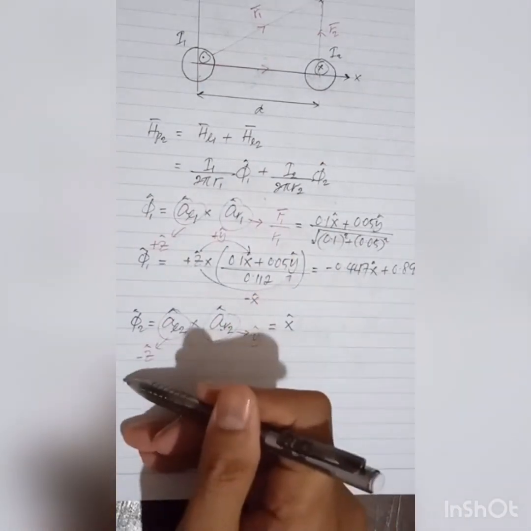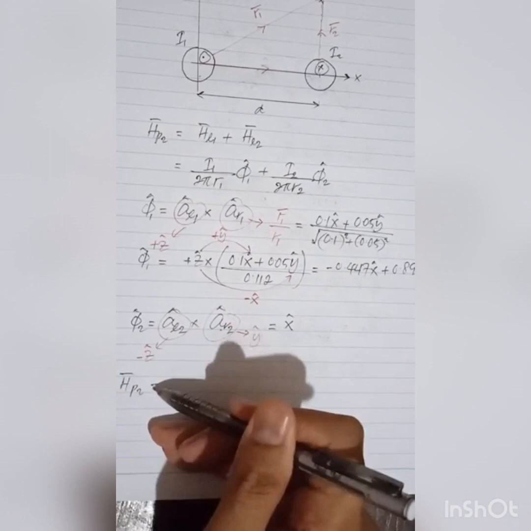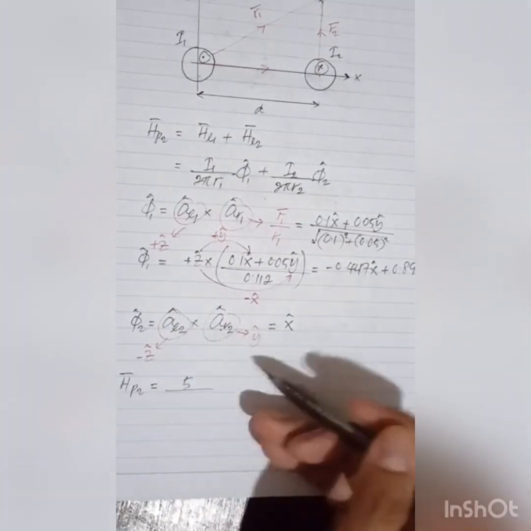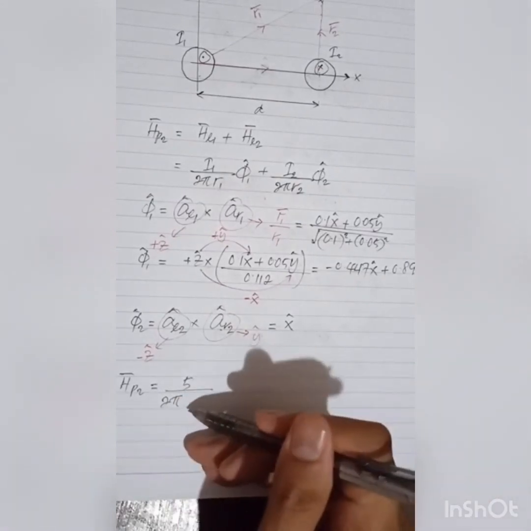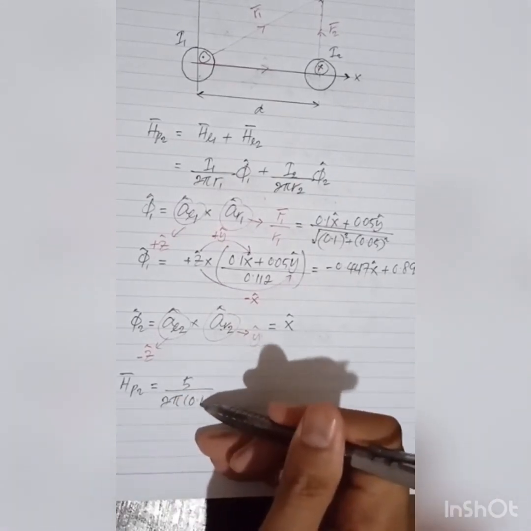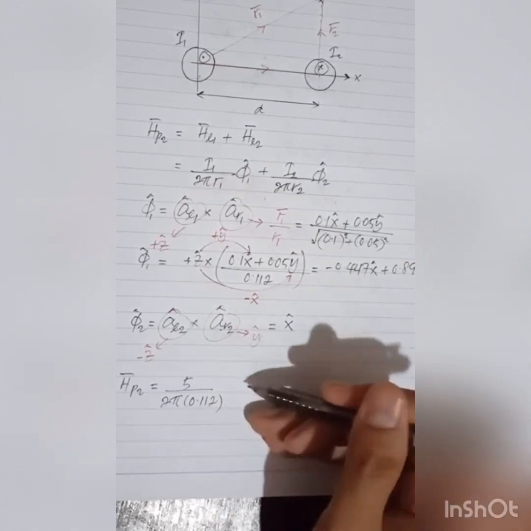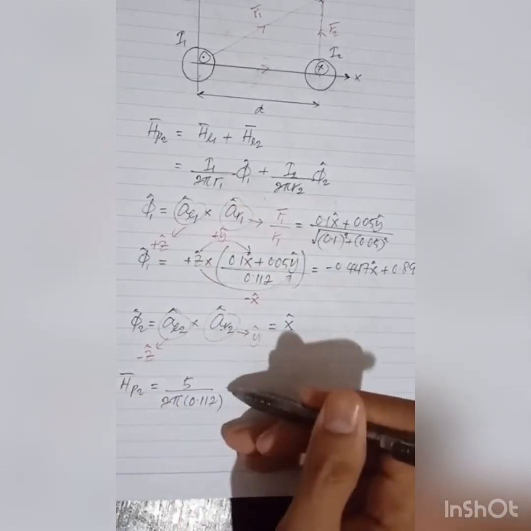The H at P2 is, for the first term, 5 over 2 pi times 0.112, and we replace the phi 1 with these expressions.